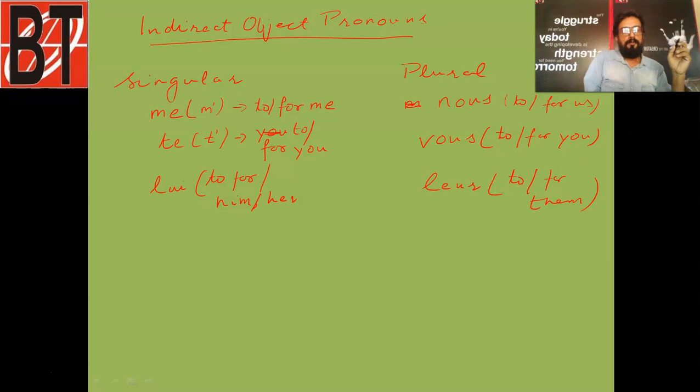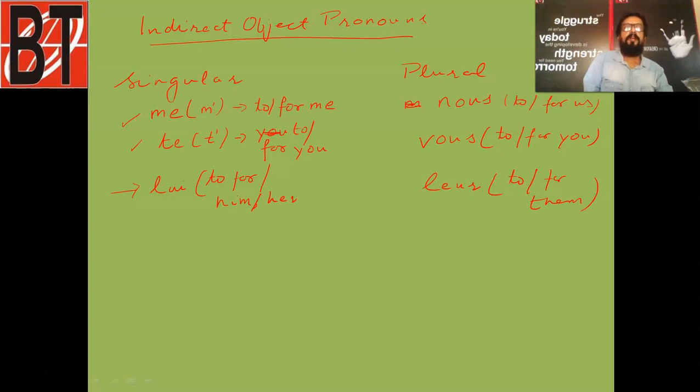So you should not get confused with the direct object pronouns and the indirect object pronouns, because you have noticed that in direct object pronouns we use le and la for him and her, but here we are using lui. This me, te would remain the same. So me, te, lui.